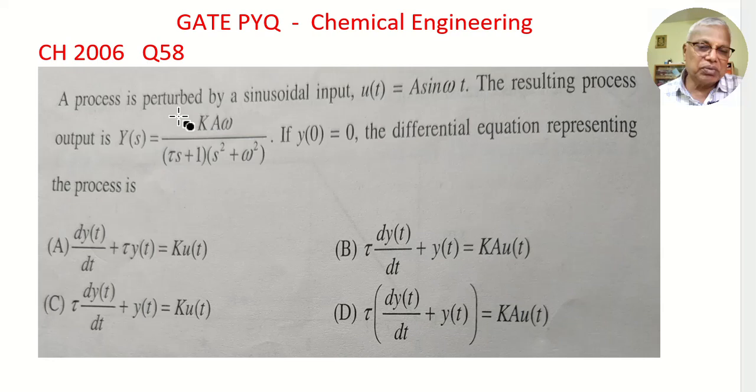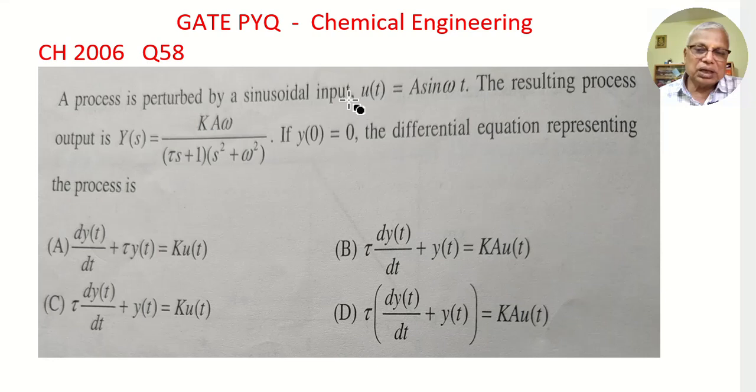The remaining term, K by τs + 1, is the transfer function G(s). It's a simple first order function. So if you have done the derivation of two or three first order systems which we have discussed in our lecture series, then you will be able to find out. Right now you can tell me which one suits this.